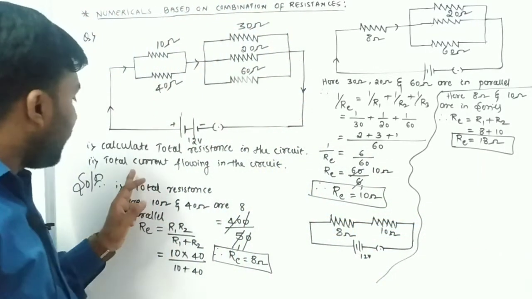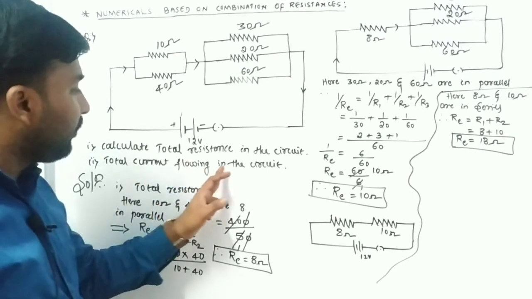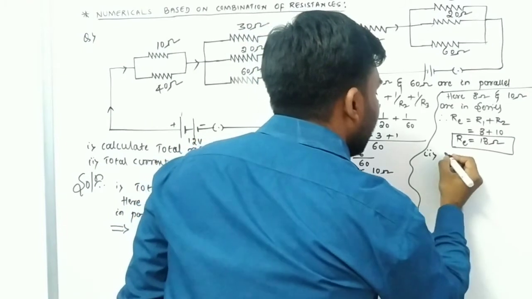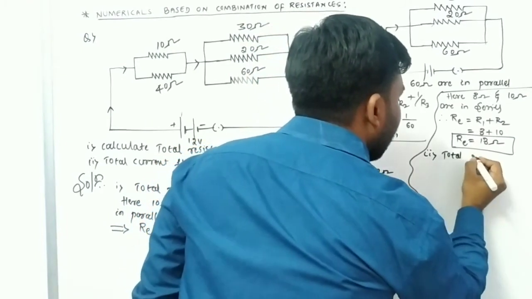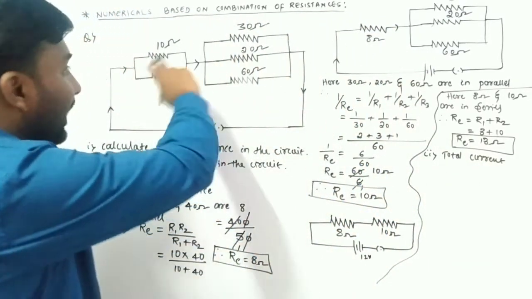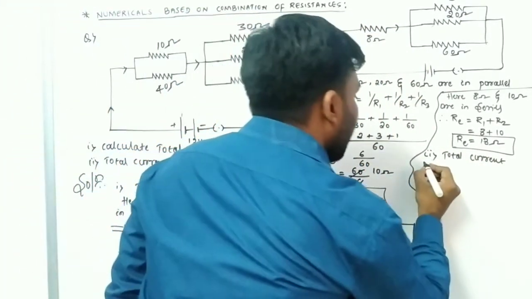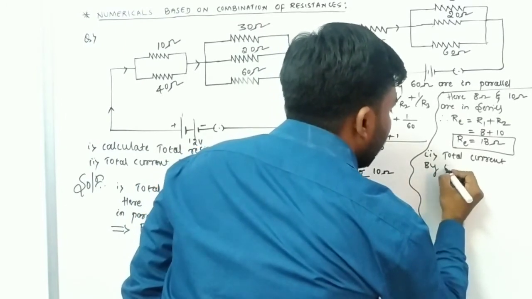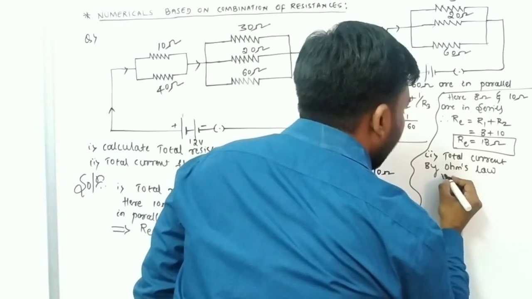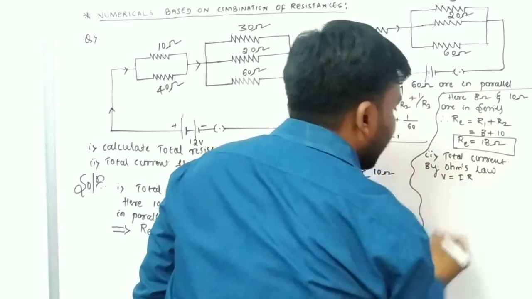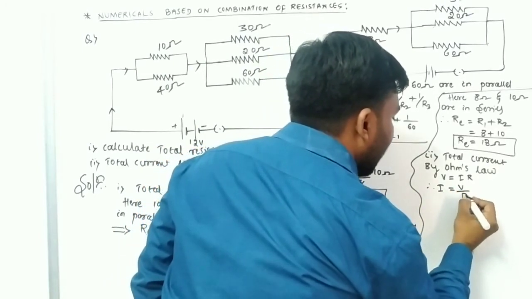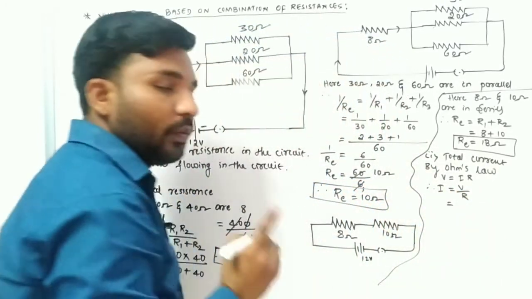Okay. Now, the second question, total current flowing in the circuit. Total current in the circuit by Ohm's law. By Ohm's law, we have V is equal to I into R. Therefore, I can write I is equal to V divided by R. This is equal to, V is how much?